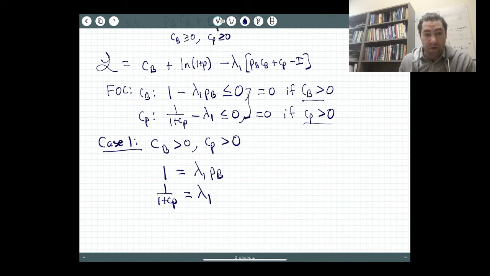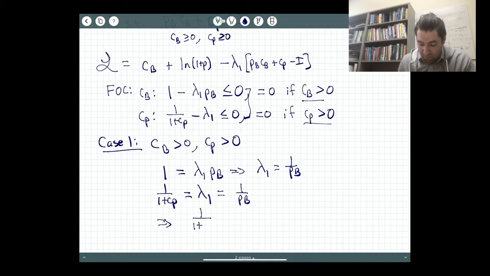Since both first order conditions hold at equality, I can solve for lambda 1: lambda 1 is simply 1 over PB. And so this condition says that 1 over 1 plus CP is equal to lambda 1, which equals 1 over PB. So 1 over 1 plus CP is equal to 1 over PB.